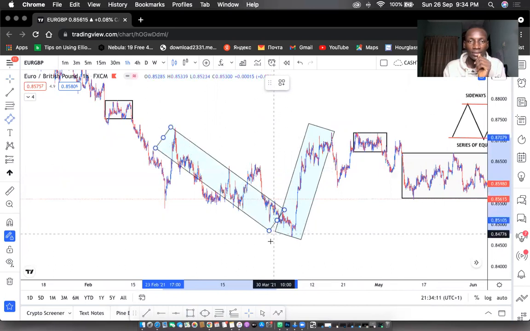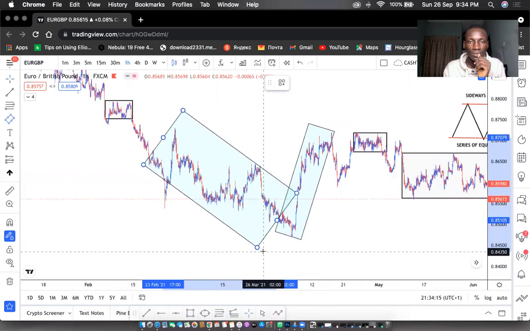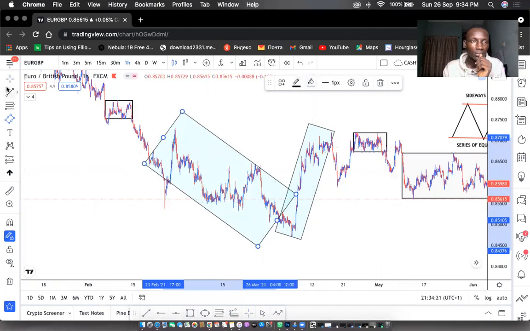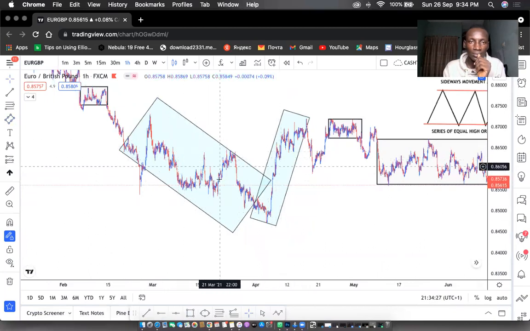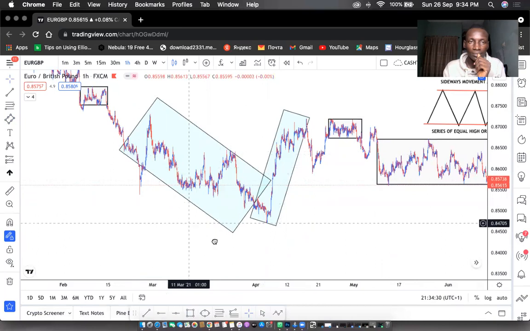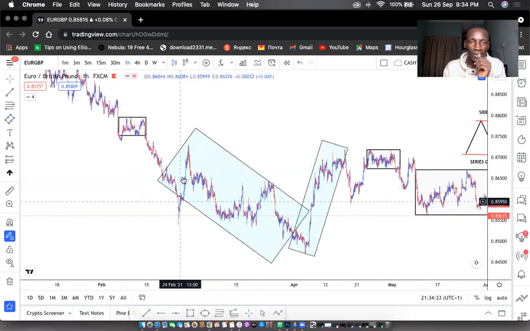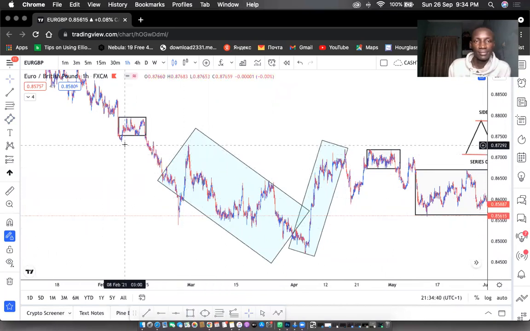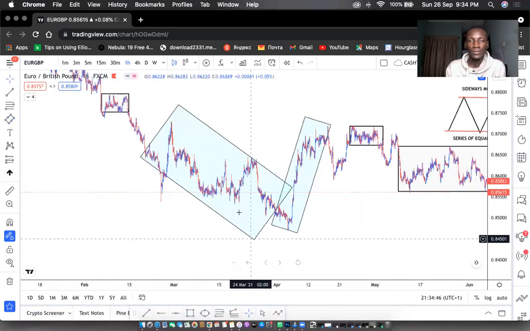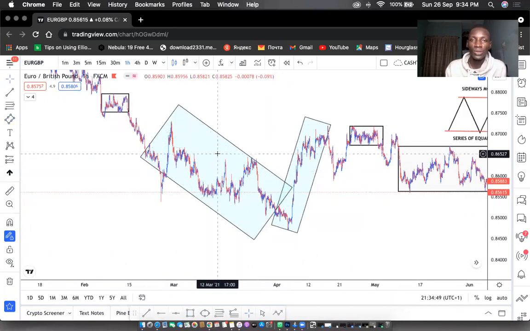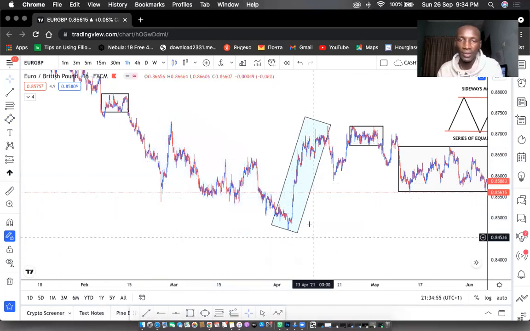This is a downtrend. But here it looks like it was going up. It wasn't going up. It was just coming back to retest. So these are downtrend. Trends. I'm going to remove this box now.